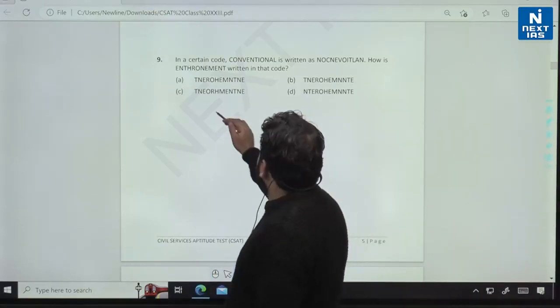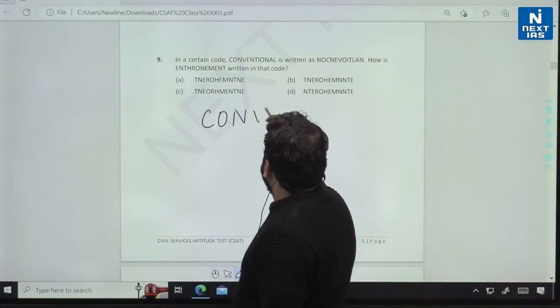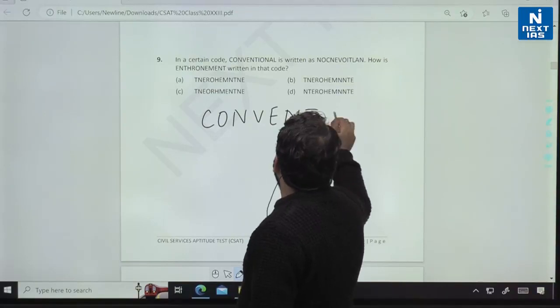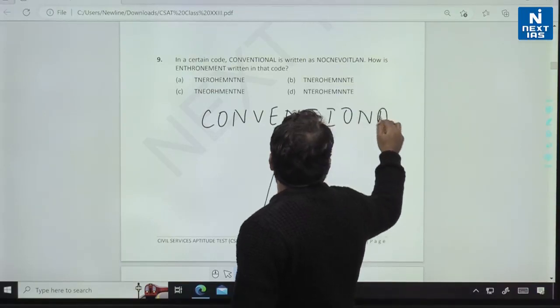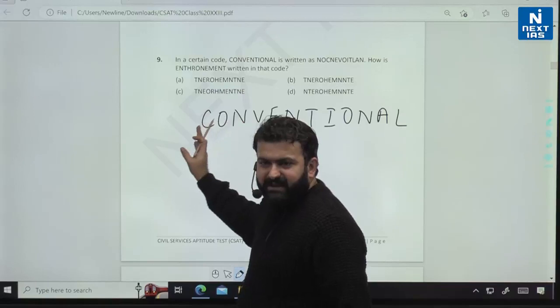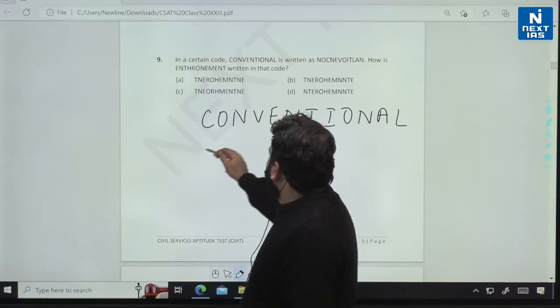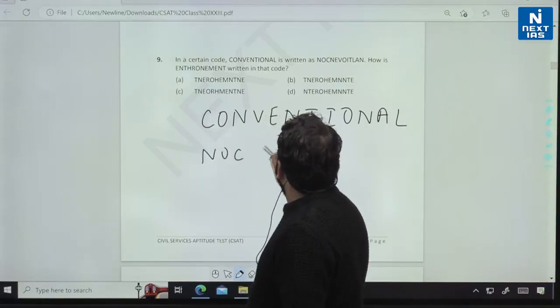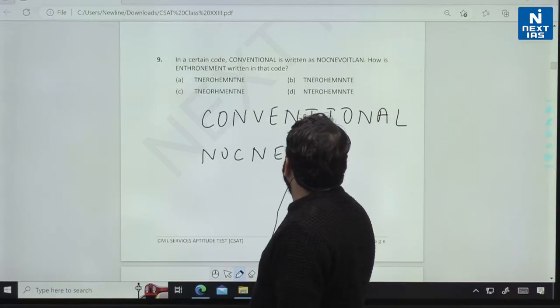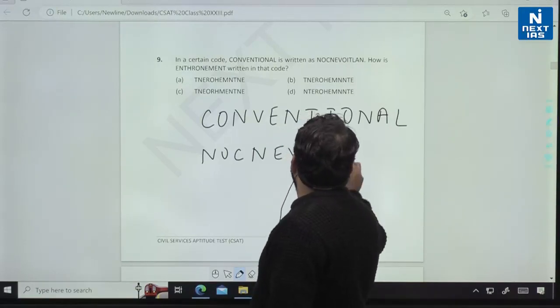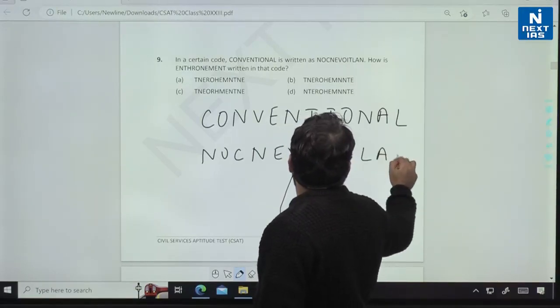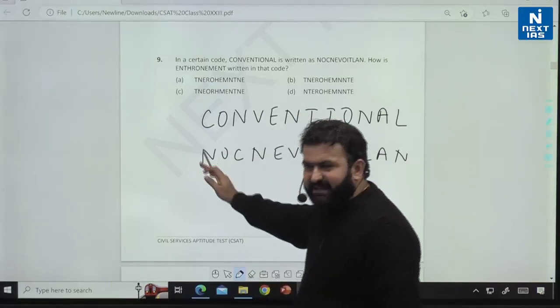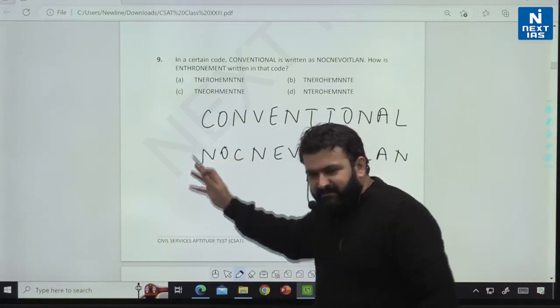So now look, I ask you all to write down, because as soon as you write down, many things get clear. When you write conventional as NOC, then NEV, then OITLAN, once you are writing it, the pattern will get clear.